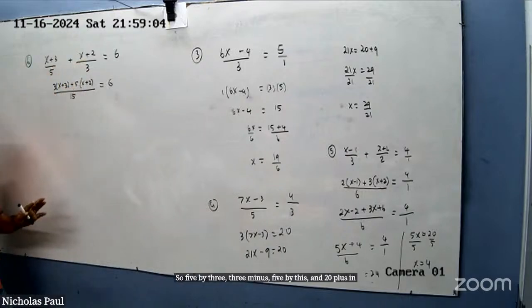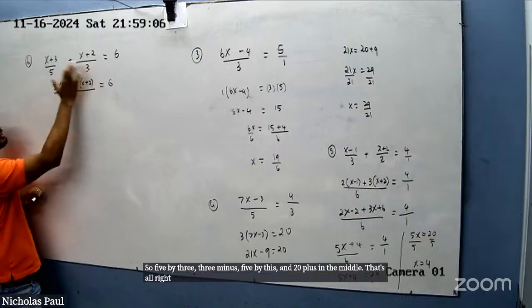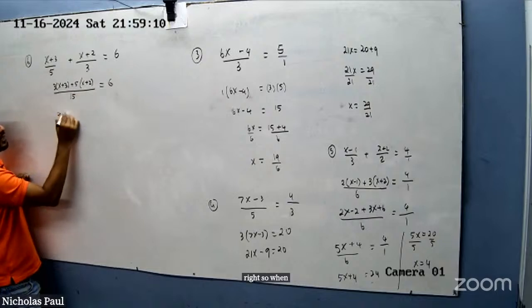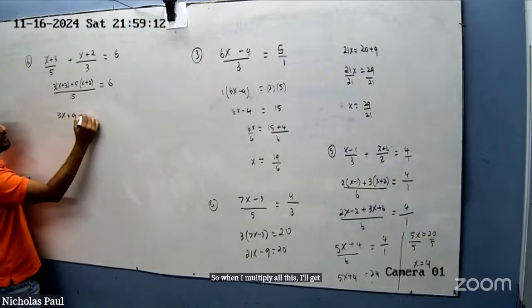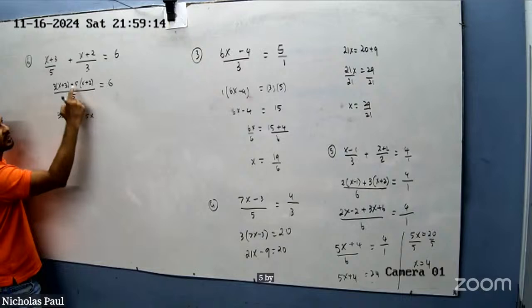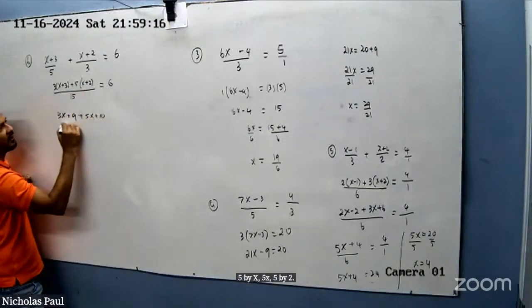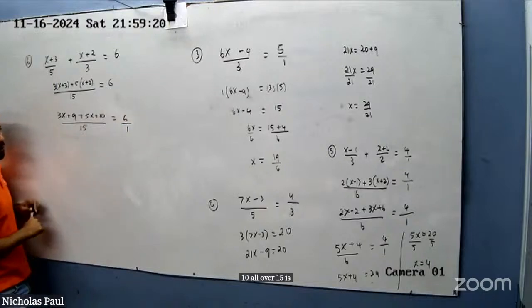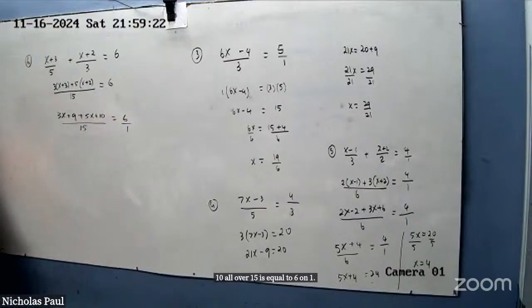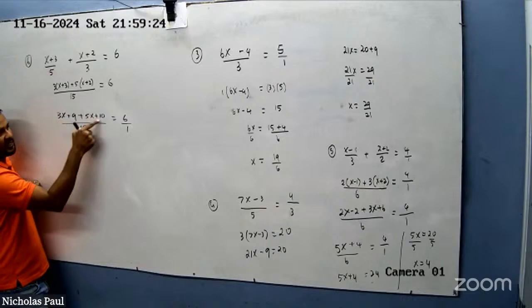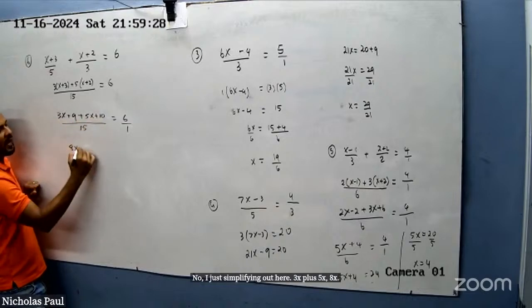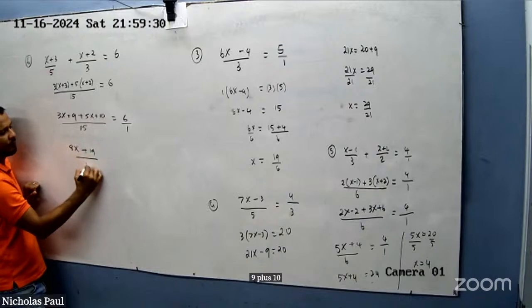So when I multiply this, I'll get 3x plus 9, 5 by x is 5x, 5 by 2 is 10, all over 15 is equal to 6 over 1. Now I'm just simplifying here. 3x plus 5x is 8x, 9 plus 10 is 19.